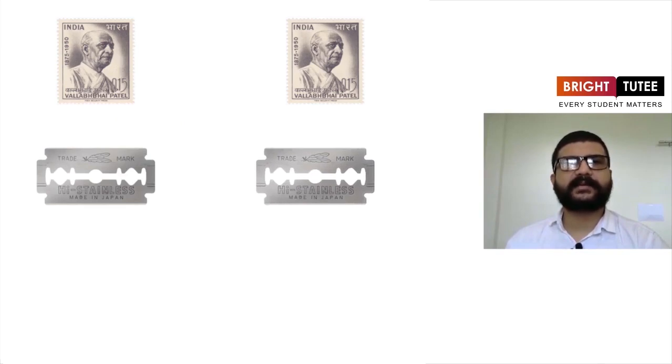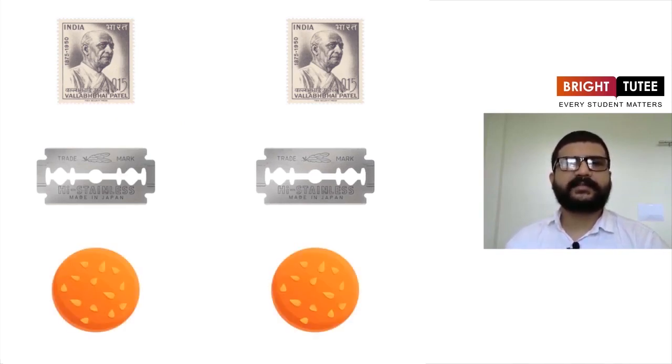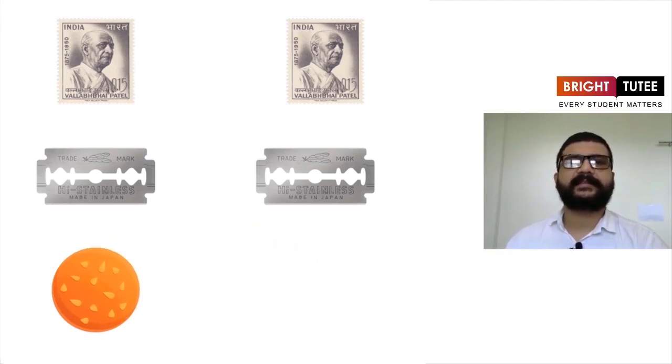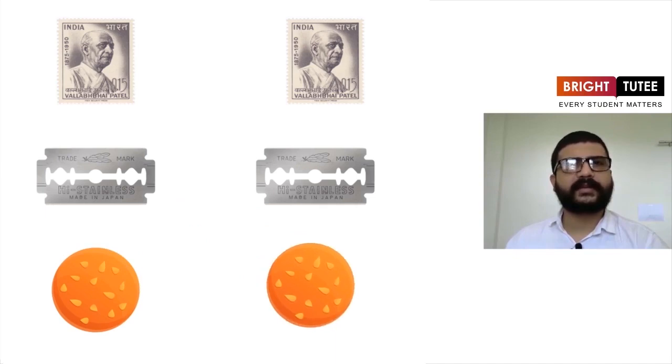So such figures are known as congruent figures. Now let's have one more example. So now these are the two biscuits of same packet. Now if we take two biscuits from same packet, what do you think? Are they going to overlap each other completely and exactly? Yes, they are going to overlap each other completely and exactly. So it means these two biscuits are also an example of congruent figures.